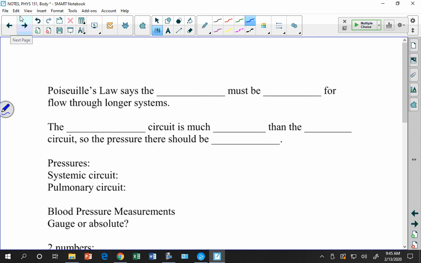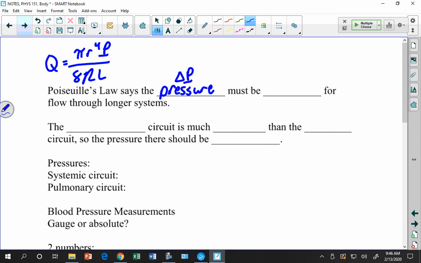Poiseuille's law also says, let me write Poiseuille. For the test, you will also have to say Poiseuille. Yeah, go ahead, try it. All right, pi r to the 4th, P over 8 eta L. It says that the pressure, and it's really the pressure differential, the delta P, which would be like the difference in pressure in the aorta and the vena cava, this pressure difference must be higher for flow through longer systems.